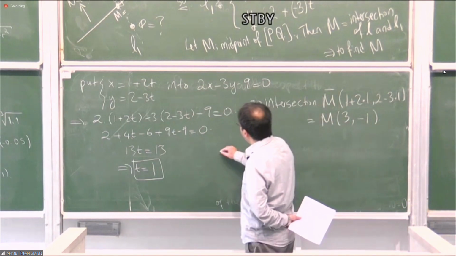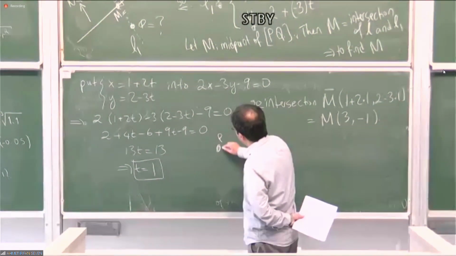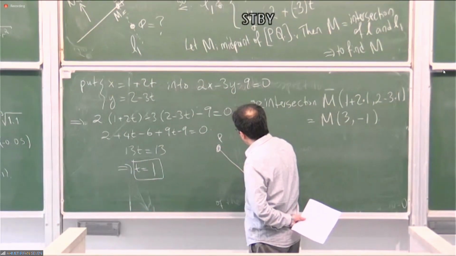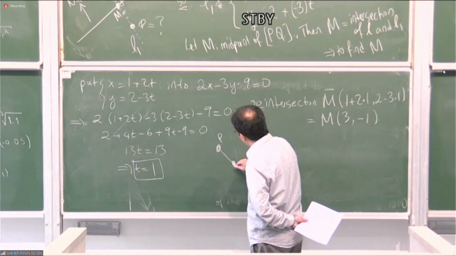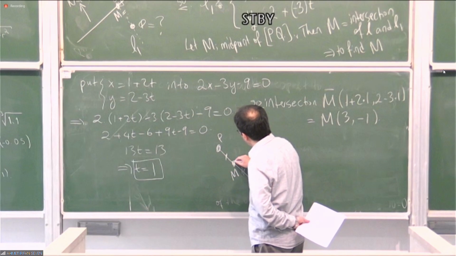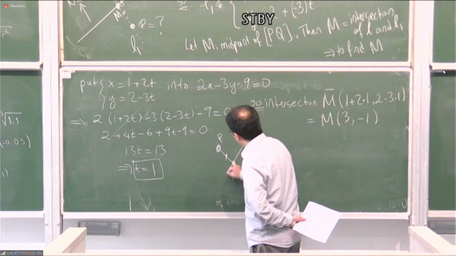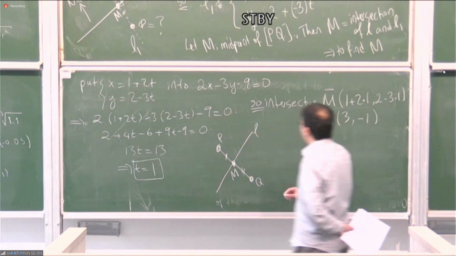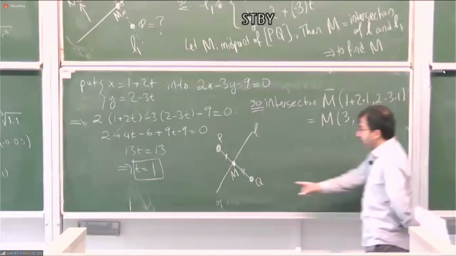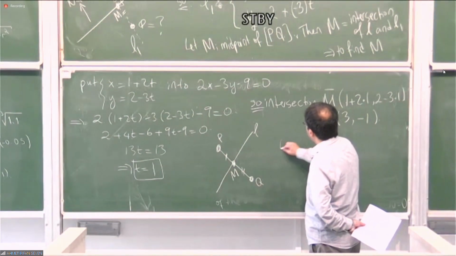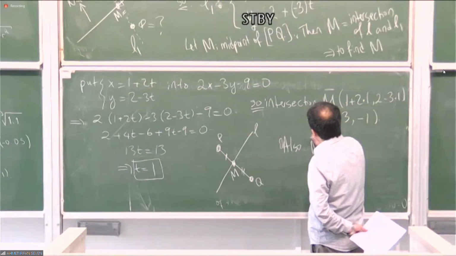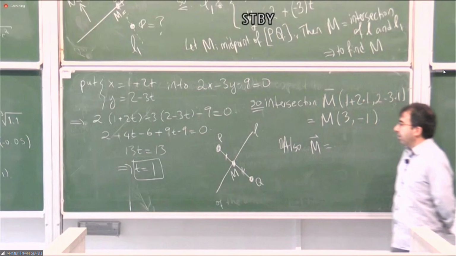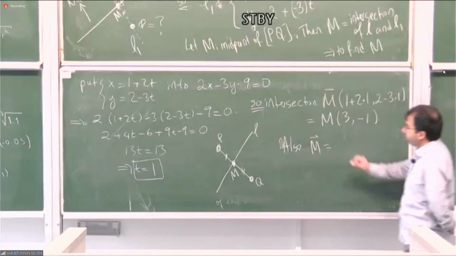The picture here is like this: I have P, Q here, and then the midpoint M, with this distance being the same as this one, and there is this line L. I know M, but I don't know Q. How is M related to Q?